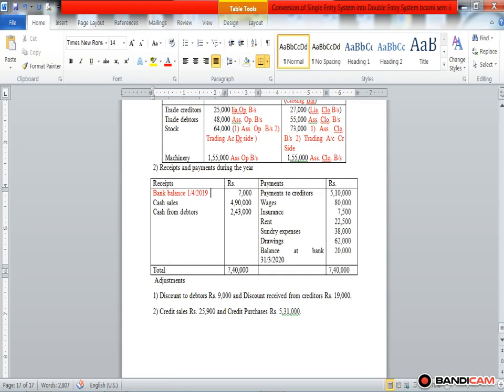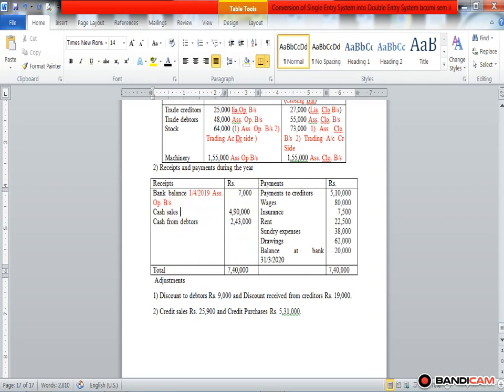Bank balance is also an asset, so the opening asset is transferred to the asset side of the opening balance sheet, opening statement of affairs, rupees 7,000.